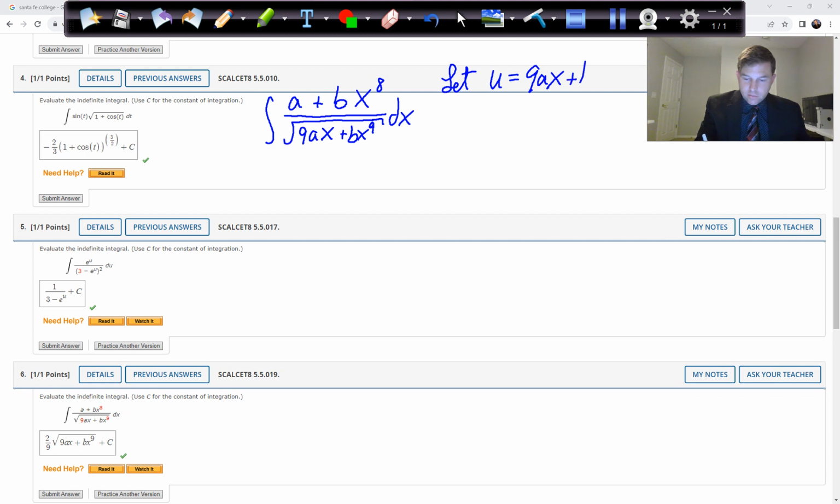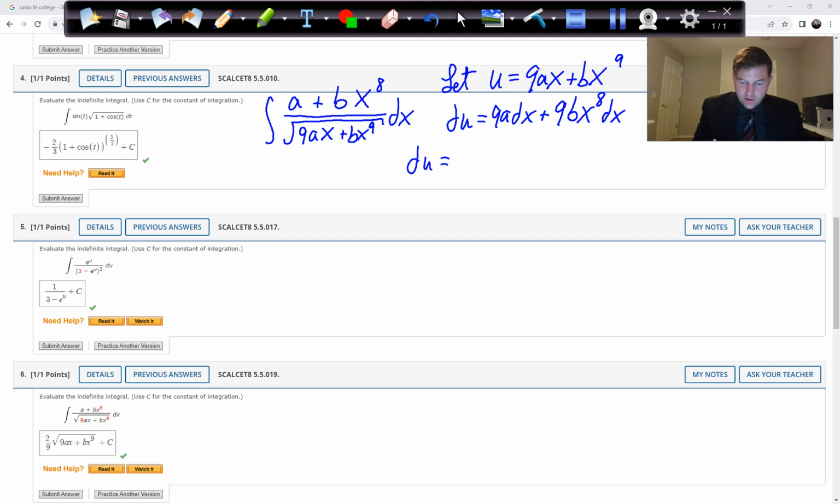9ax plus bx to the 9th power. Then the derivative of u would be 9a dx. So that is one thing here. The derivative of x is no longer just 1. It becomes dx. Plus the derivative of x to the 9th would be bring the 9 down, leave the b alone, subtract 1 from 9 becomes to the 8th, then times the derivative of x, which is dx.